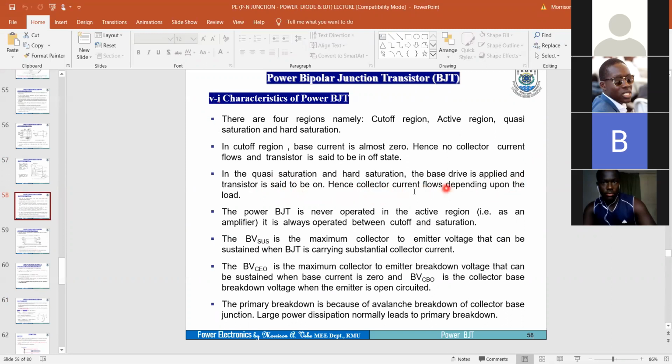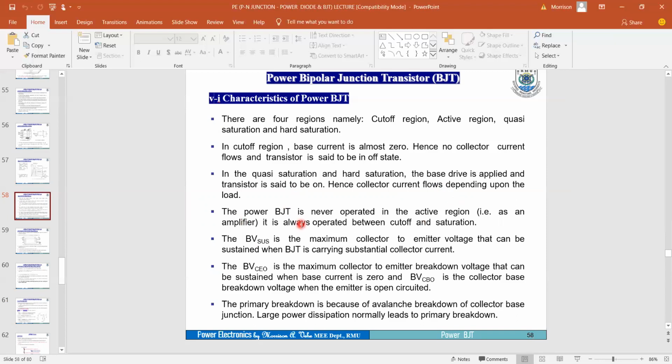It will cause some current to flow on the collector side, depending on the load, of course. So the power BJT is never operated in the active region. The reason is we are not interested in it as an amplifier, but we want to use it as a switch. So we just want to make sure we move between cutoff and then saturation. That will cause the device to switch off and then what?